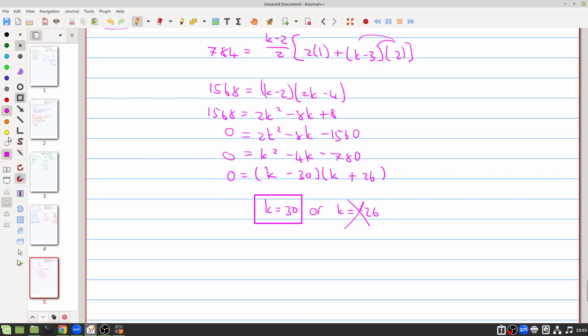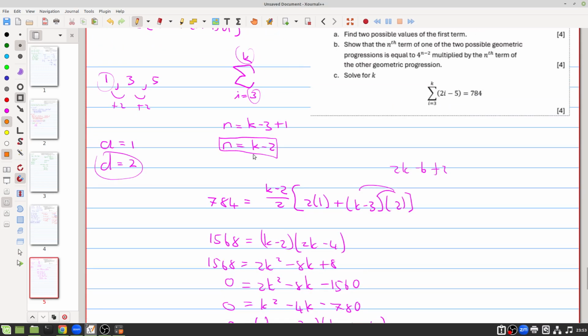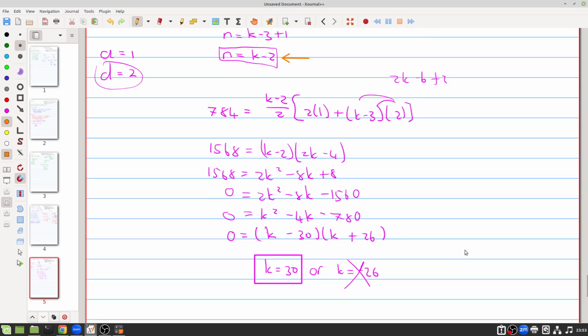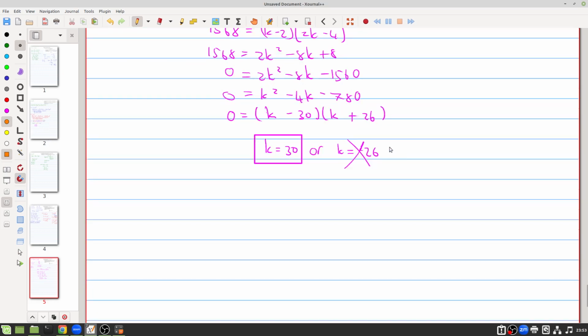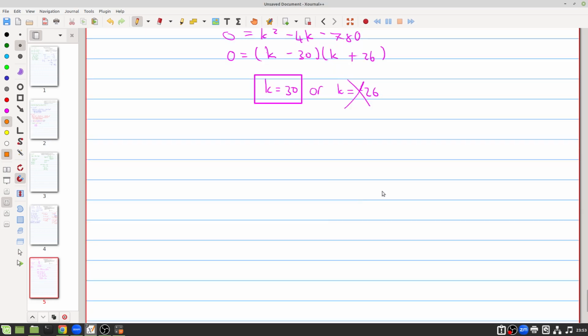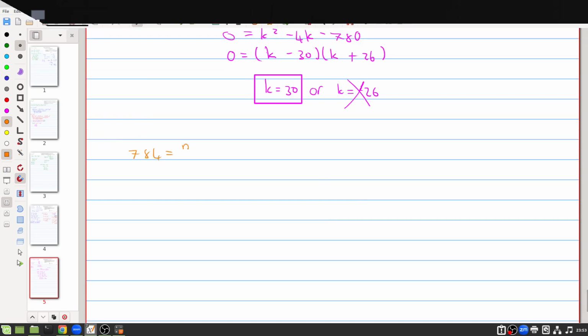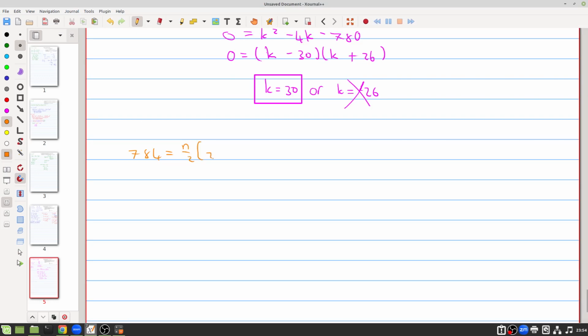Okay, now just as a side note, we could have also ignored this to start with and then just done that at the end. So we make a note of this, but then we could have just solved with n instead of k minus 2. So let me just do that as an extra side note. We could have said 784 equals n over 2, 2a plus n minus 1 times the common difference, right?